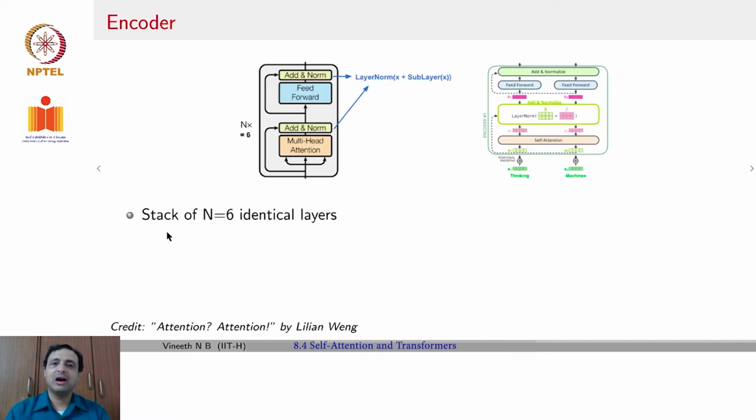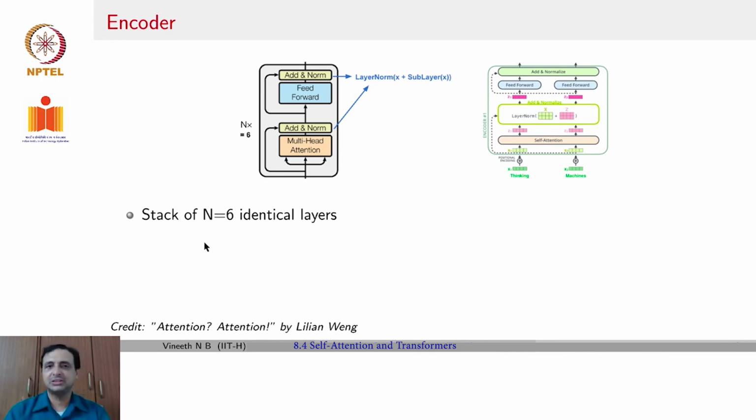Finally, to come to the architecture of the entire model, as we mentioned so far, it is an encoder-decoder architecture. Let's first see the encoder. The encoder is a stack of 6 identical layers in this particular transformer that was proposed.